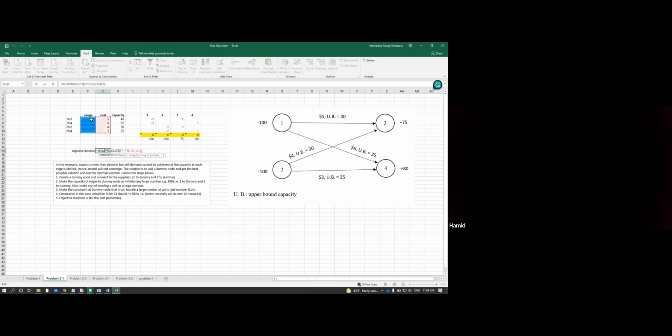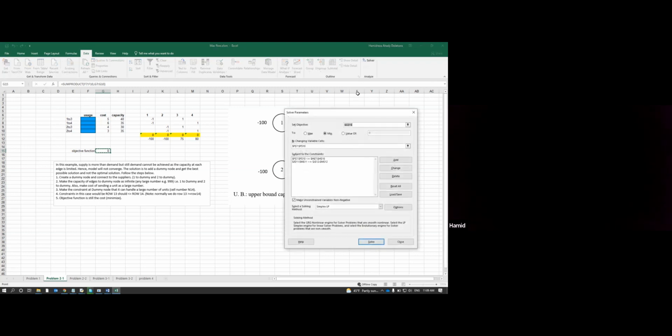So in the Solver, I'm saying G15 is my objective function, and I'm going to minimize the cost.